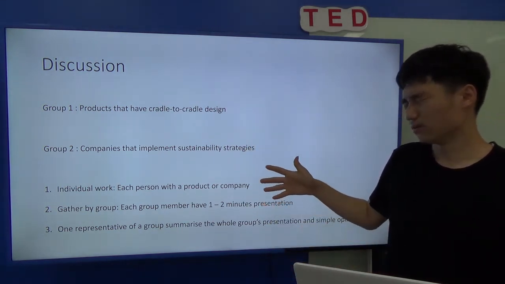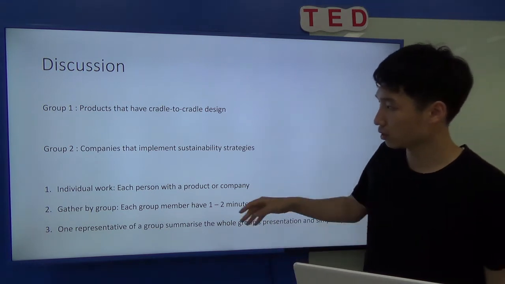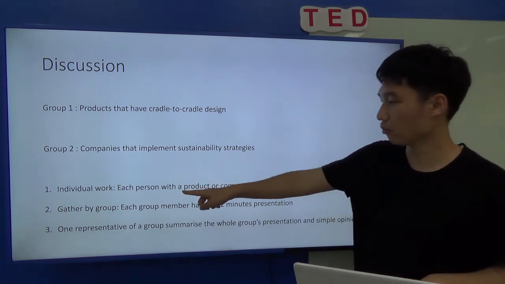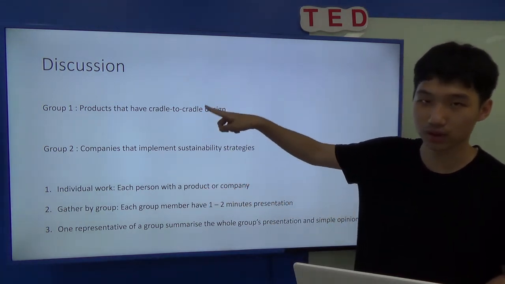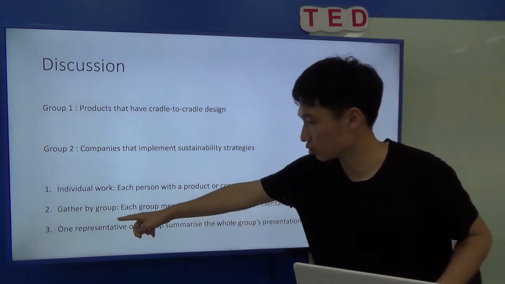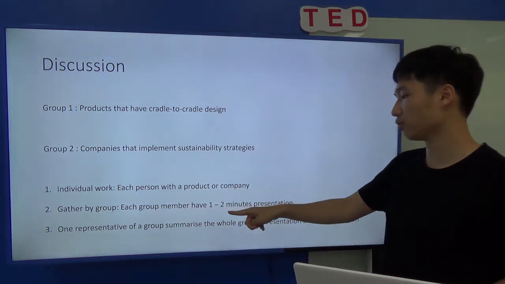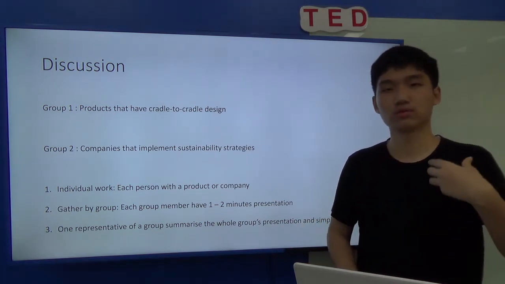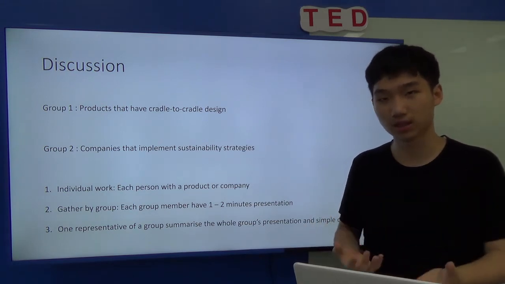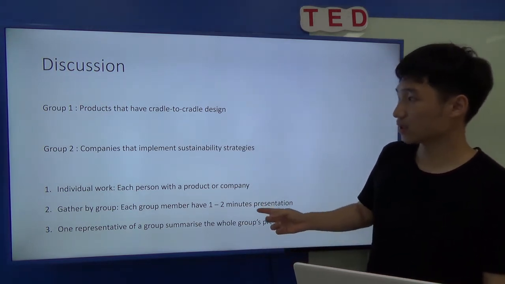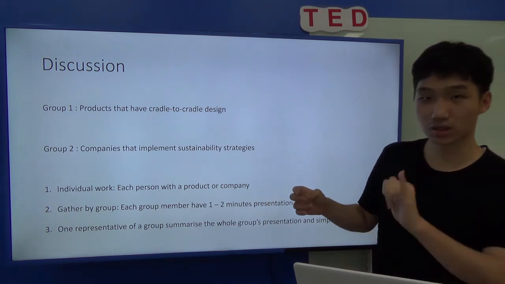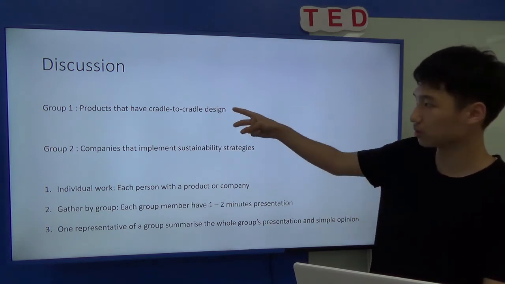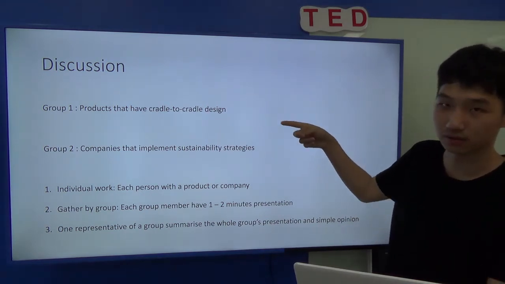So the discussion will be 3 parts. First of all, we'll divide into groups, and then each group member should find one product or company based on your discussion topic. Since there are 6 people, each group should have 3 products or 3 companies, done by each person.